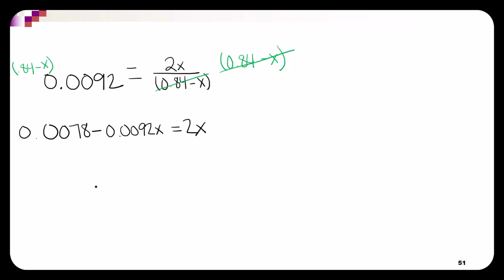Now we want to get our x values on the same side of the equal sign, so we're just trying to isolate x. To do that, I'm going to take the inverse of this, which is plus 0.0092x. Plus, minus, those cancel. Whatever I do to the left side, I also have to do to the right side. So plus 0.0092x.